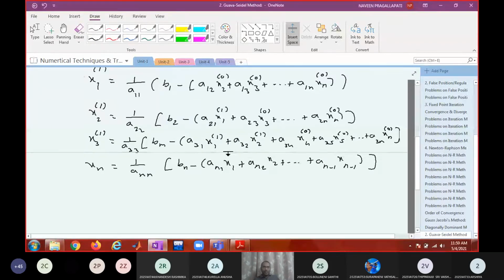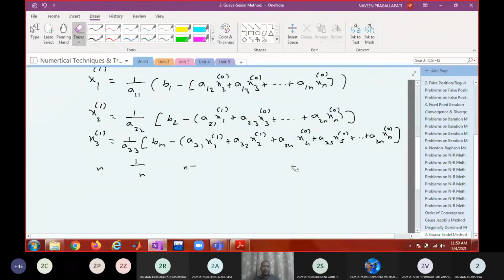Okay, and what will be xn power 1? Let me decrease the space. Let me write once again. Now you tell me parallelly. What will be xn power 1? It is 1 by ann into bn minus.